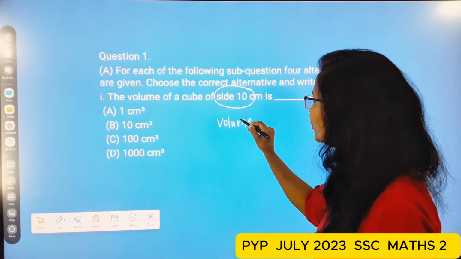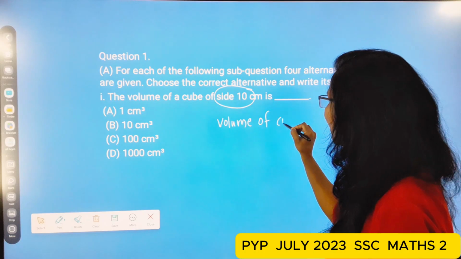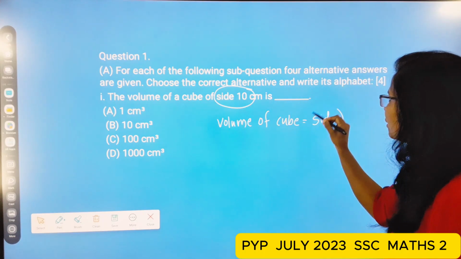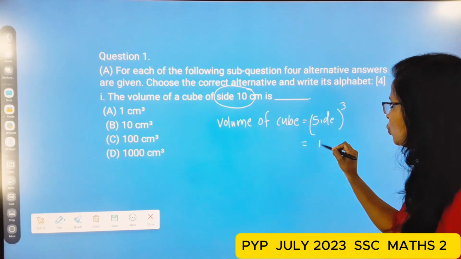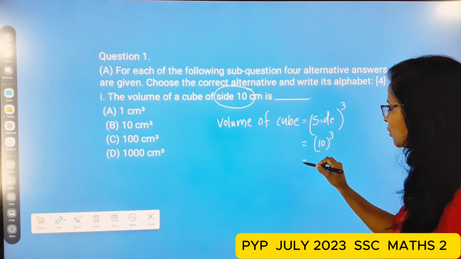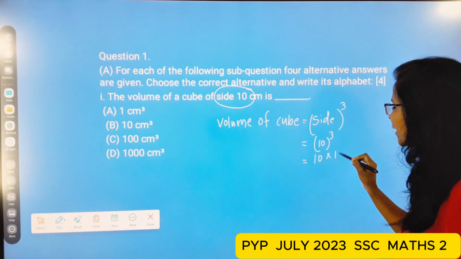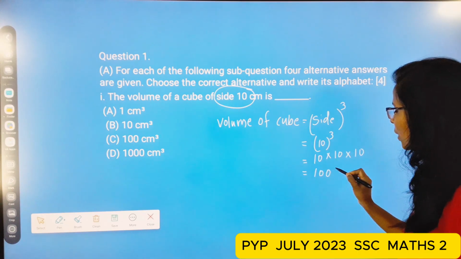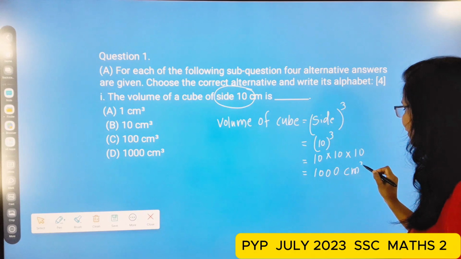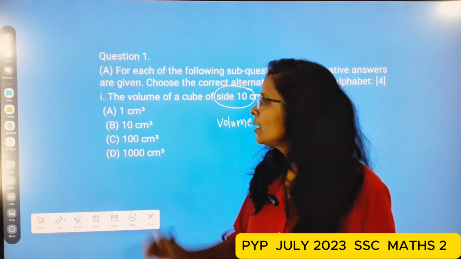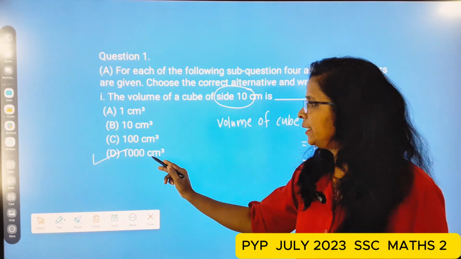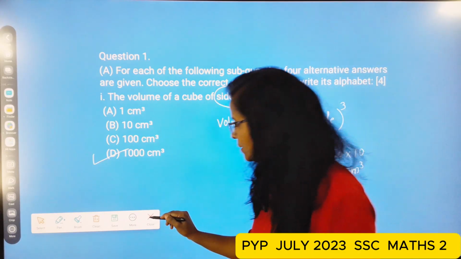So we use the formula: volume of cube is equal to side cube. Substituting, cube of 10 means 10 multiplied by 10 multiplied by 10, that is 1000 cubic centimeter. So students, the correct option is D, 1000 cubic centimeter. Very easy question.